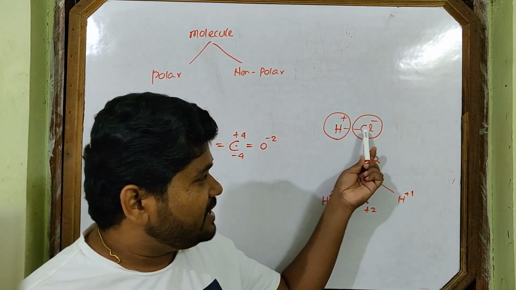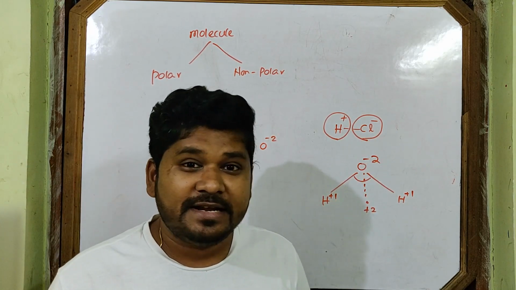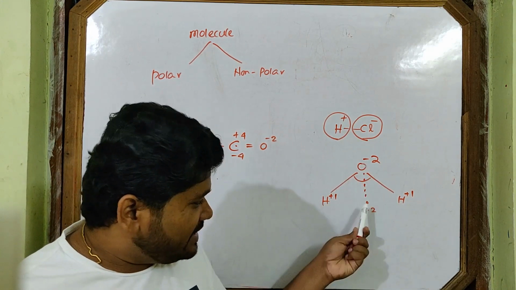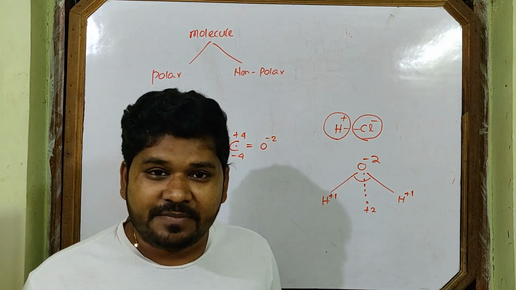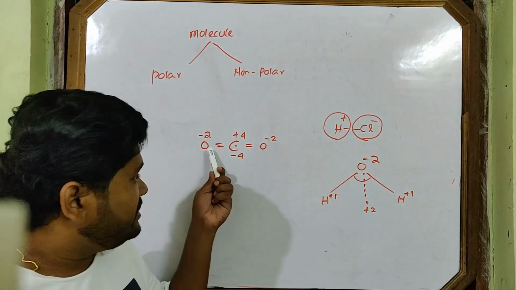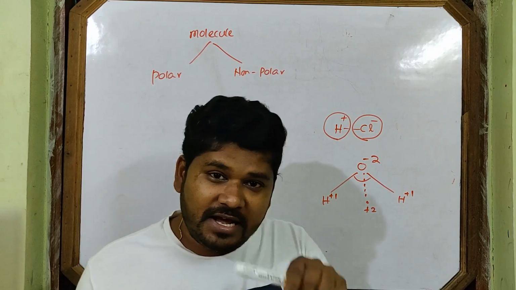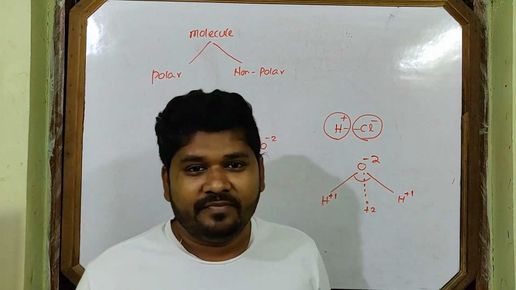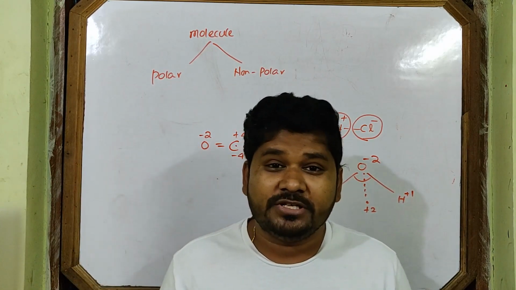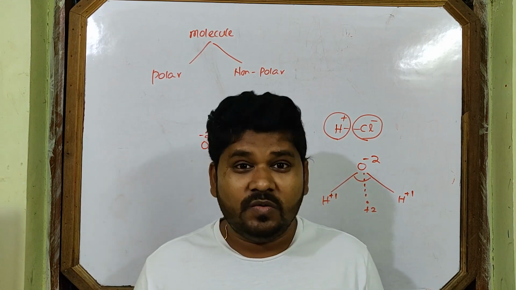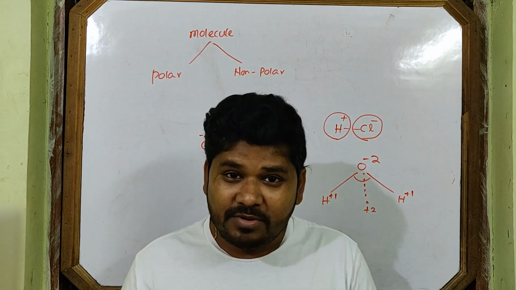But in a polar molecule, the positive center and negative center are separated by a finite distance and it has some permanent dipole moment. What about here? Here plus 4 and minus 4 lie at the same point, meaning there is no separation between positive and negative center. Is it an electric dipole? No. Does it have a dipole moment?